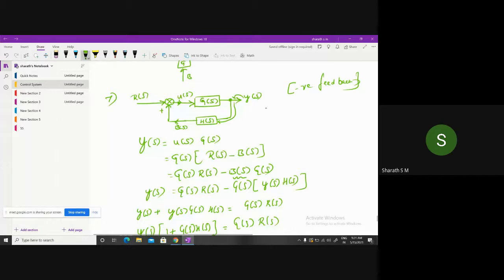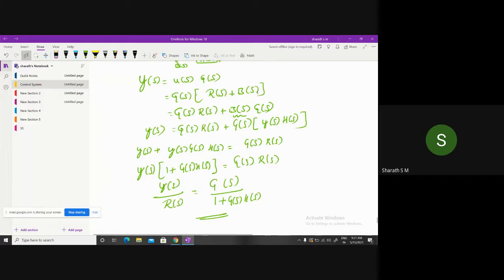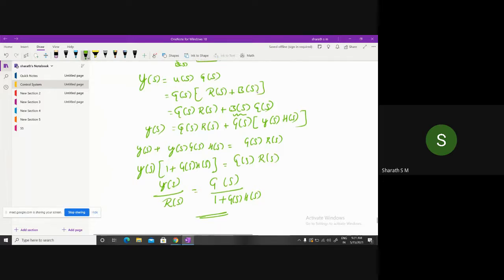Here it's the alteration of initially it is R of S plus B of S. Here you have a plus, here also we have a plus. So once we shift to the LHS part, it is minus.